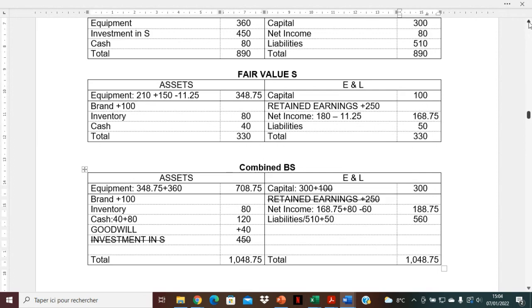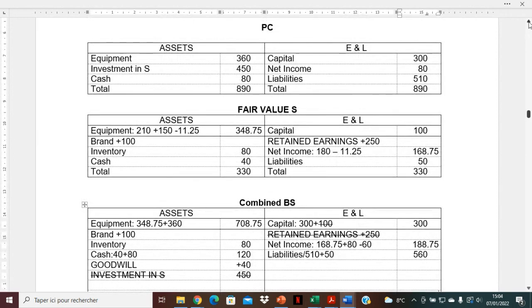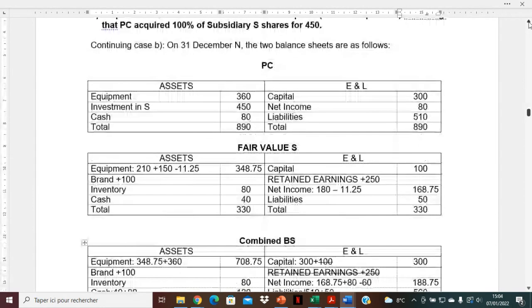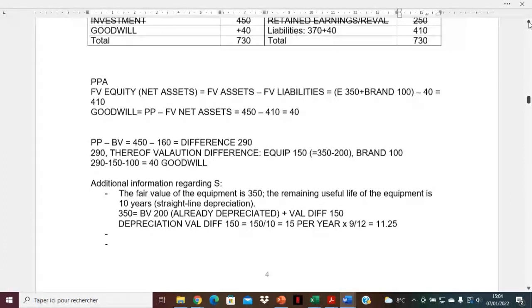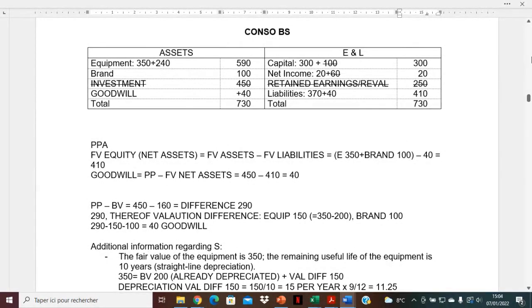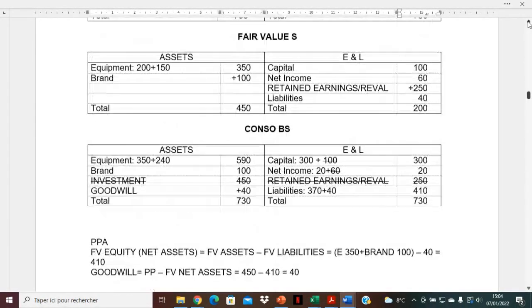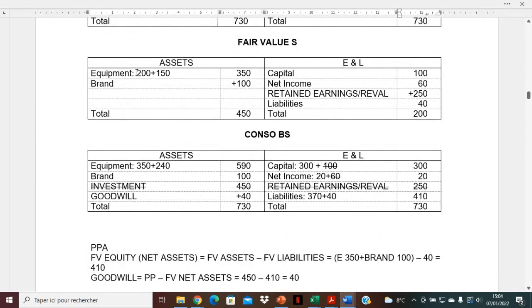Okay, the question: why don't we depreciate 350, but only the difference? Well, because in the original balance sheet of S, the equipment is already incorporated and is already depreciated. Remember, in the balance sheet of S, we have the 200 of equipment, and S, when they calculate their net income, have already deducted depreciation. So those 200 are already depreciated.